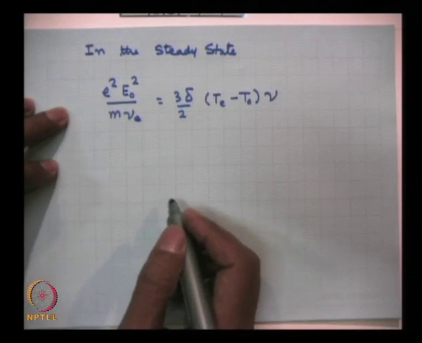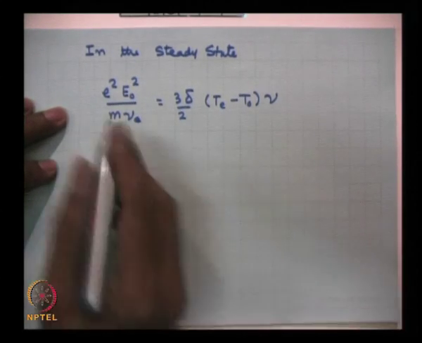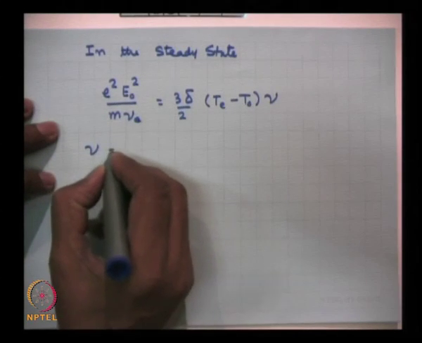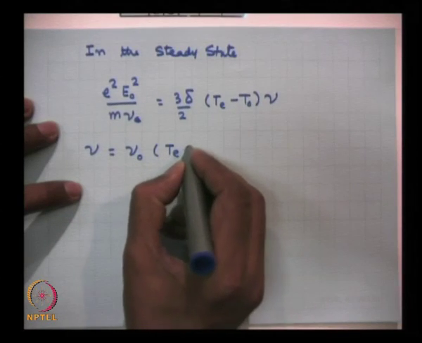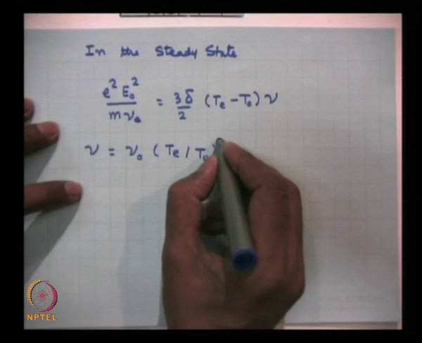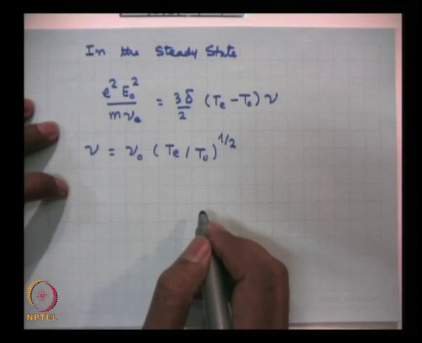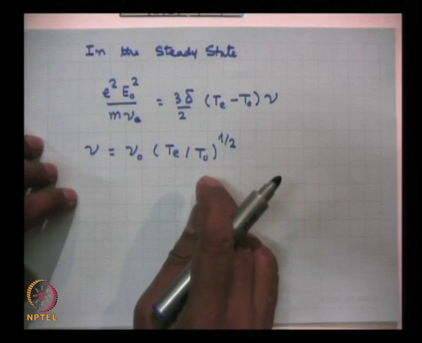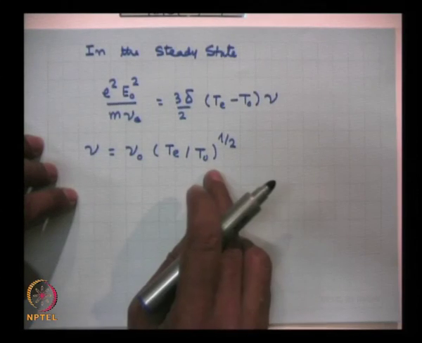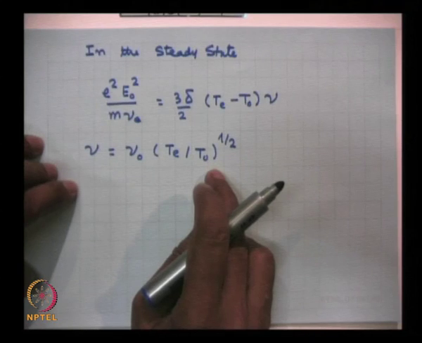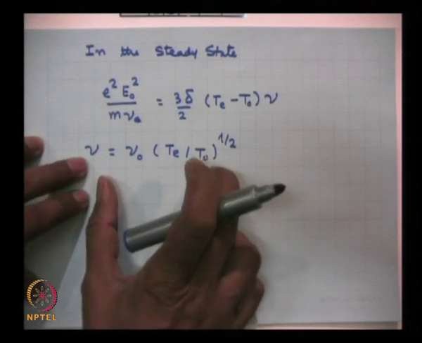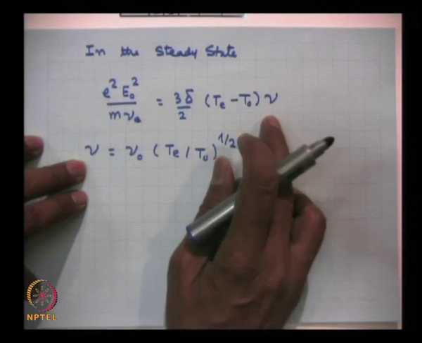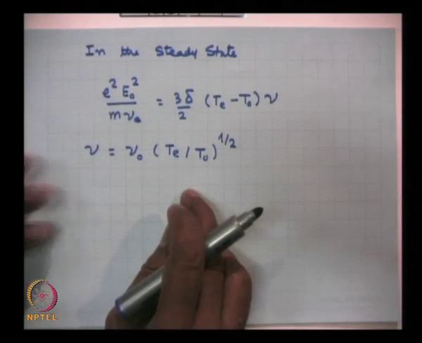I will consider two cases. One is the case where the collision frequency increases with temperature, like nu equal to nu0 into (Te upon T0) to the power half. This is the kind of dependence you have in intrinsic semiconductors when the doping level is low, or in a weakly ionized plasma. If I take this dependence in here, I can solve the equation for temperature, and let me do this.